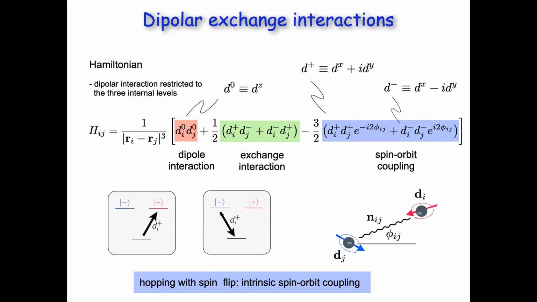Dipolar interactions conserve total angular momentum, but they can change internal angular momentum of the spin into orbital angular momentum. You can also think that one atom emits a circularly polarized photon, which is absorbed by the neighboring atom immediately, and therefore it picks up the phase of the circularly polarized photon virtually emitted in a setup.